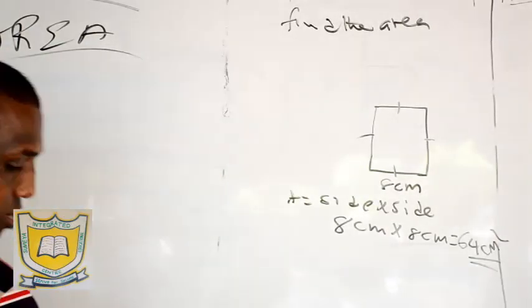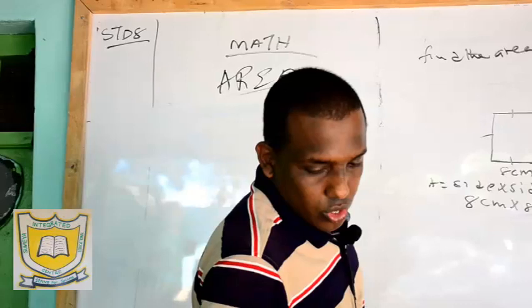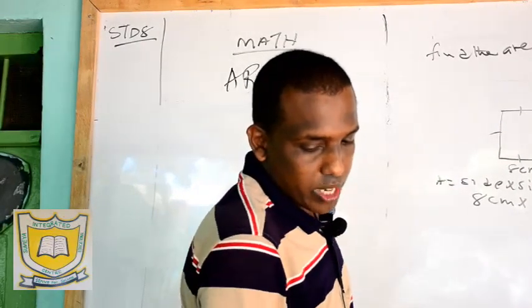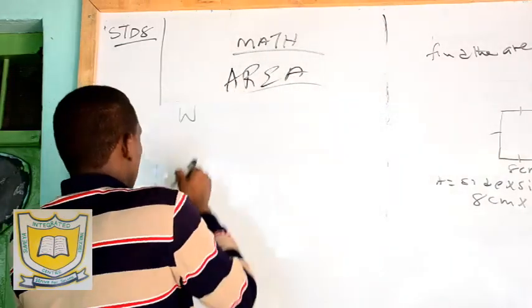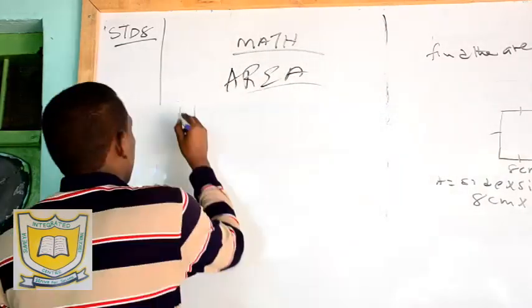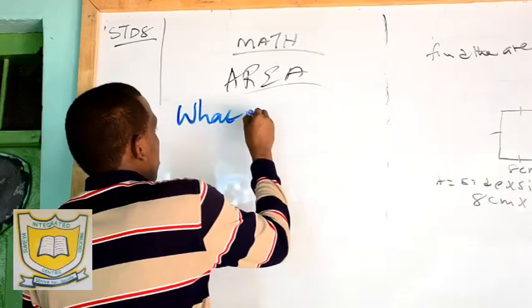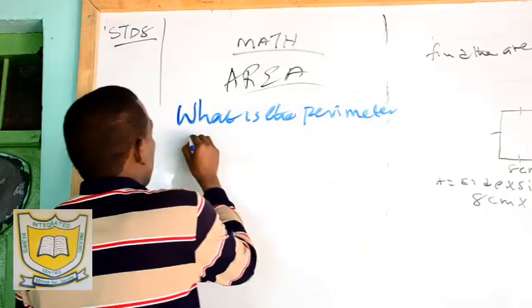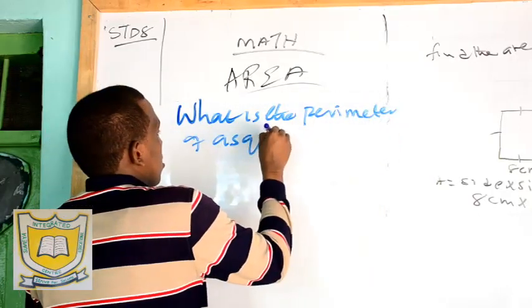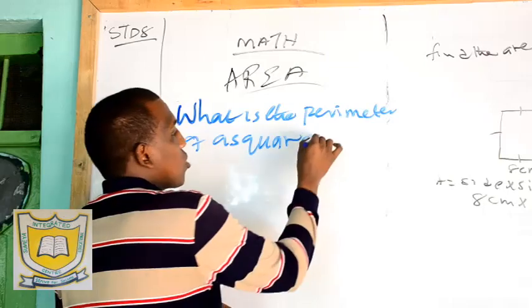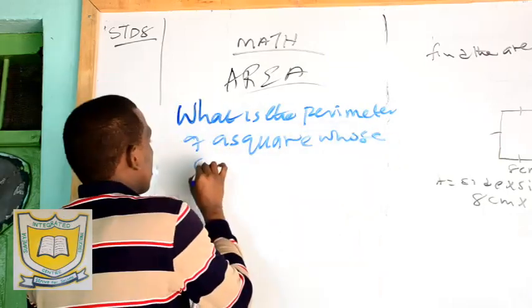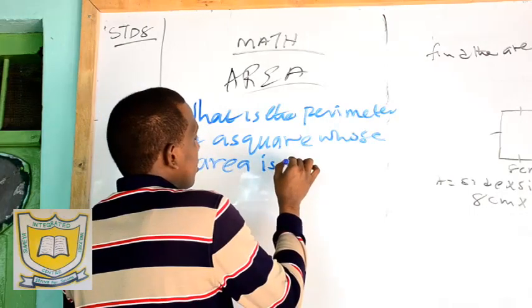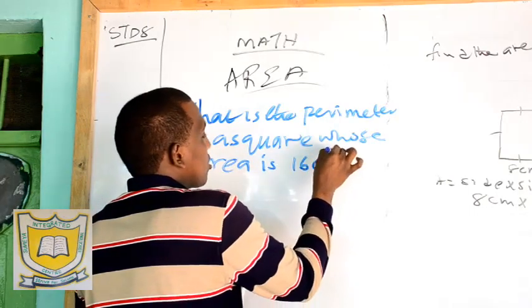There's another question here. You are told what is the perimeter of a square whose area is 16 centimeter squared.